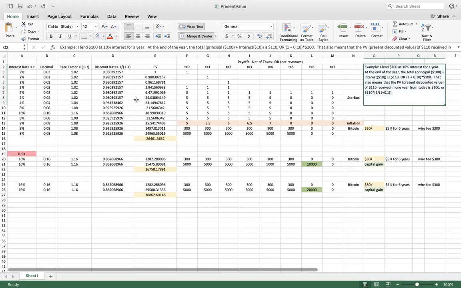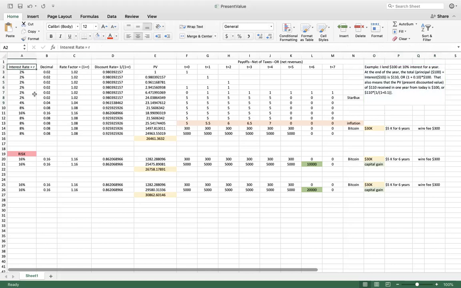So I set up this little table, and I have the interest rate, expressed as a simple percentage here. You can see it increases. There are a couple of scenarios here. And then just to make sure we're all on the same page, I express it as a decimal. So 2% is 0.02. And then I have this little thing. Some people call it the gross interest rate.